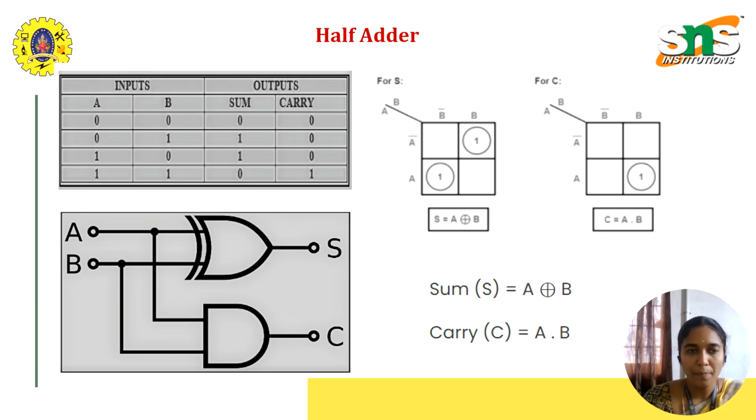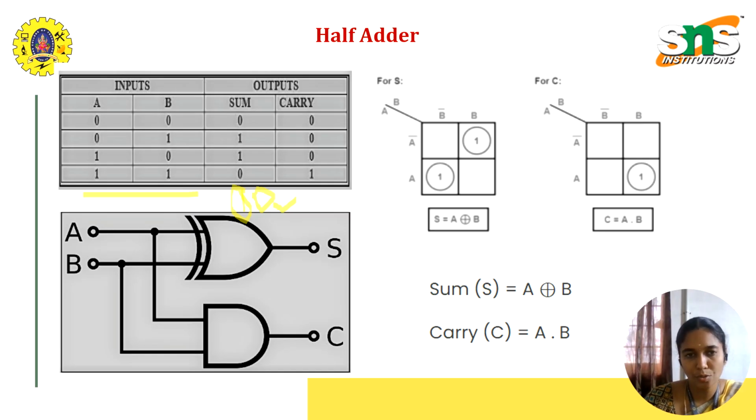For 1 plus 0, the sum value is 1, with no carry, so I put 0. Finally, for 1 1, 1 plus 1 is equal to 10, so we put 0 in the sum value and 1 in the carry value. This is the truth table of the half adder.